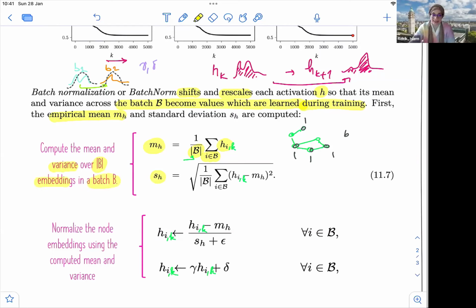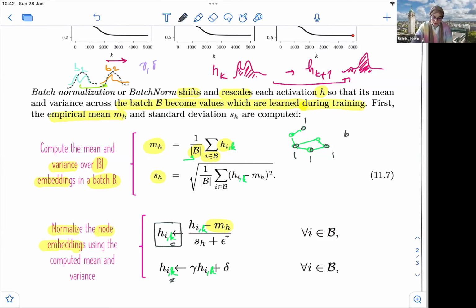And next we do the normalization. So for batch normalization, basically we normalize each node embedding, the node embedding of node I at layer K. We're going to use the computed mean and variance. So we will take the mean out and divide here. This operation is just the normalization process that we have, and it brings everybody to a zero mean.